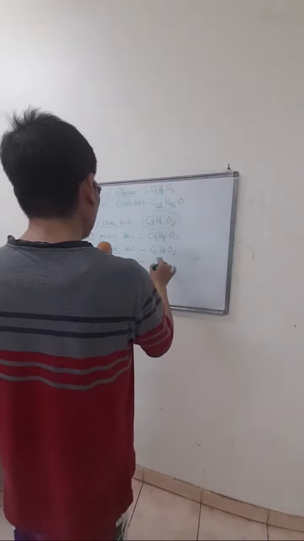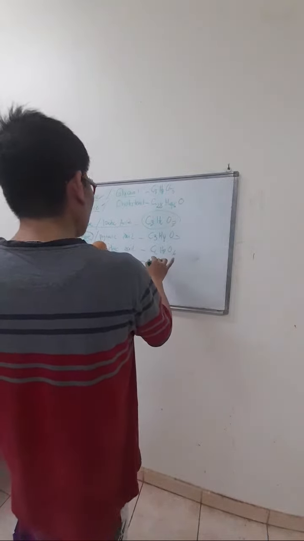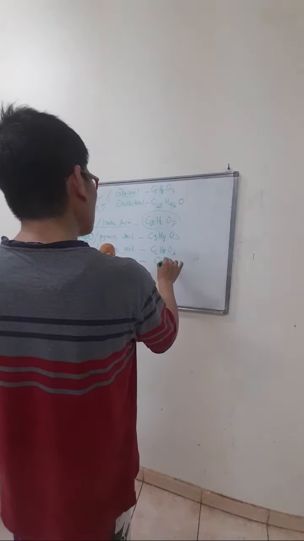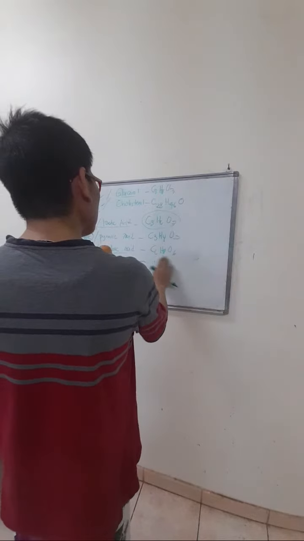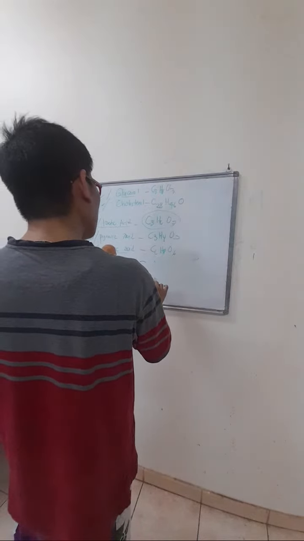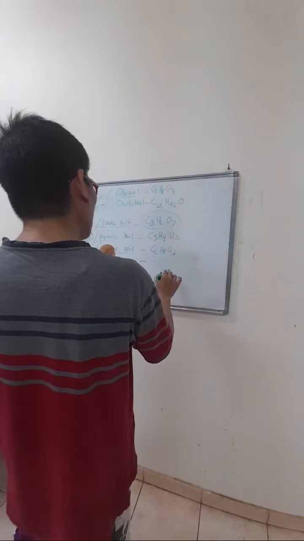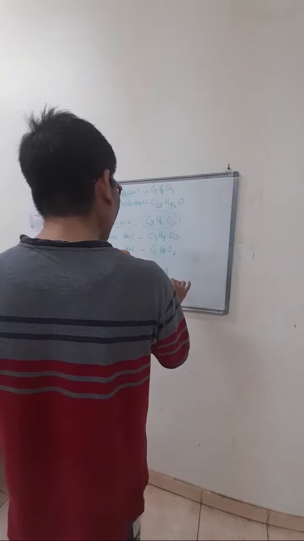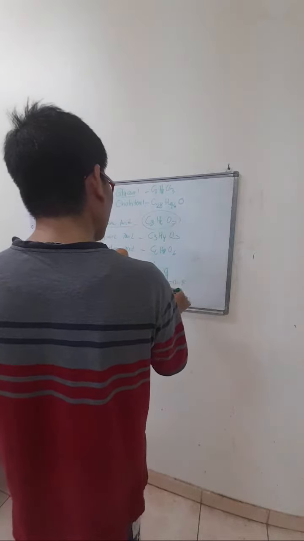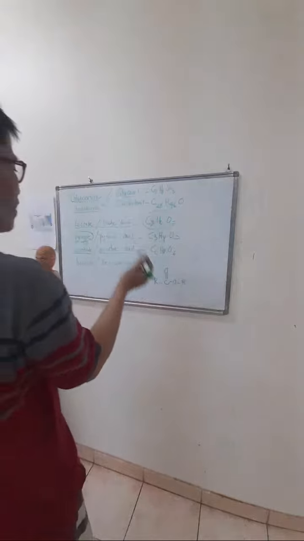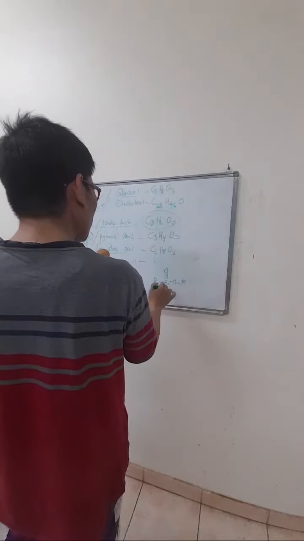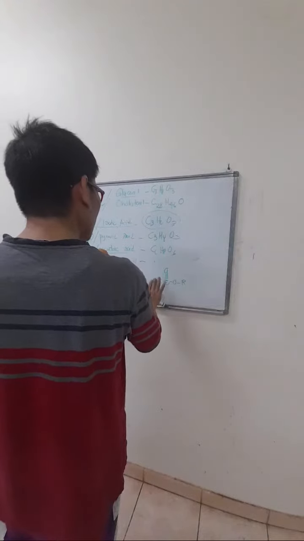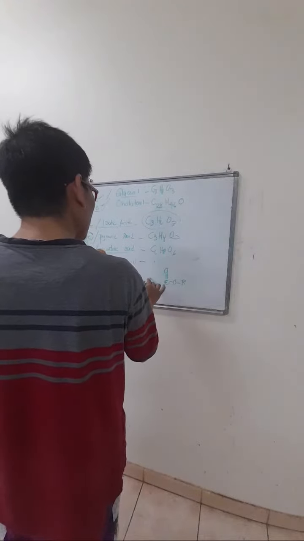Benzoate is an ester, R. Sorry guys, I forgot the formula. Benzoate has 6 carbons, C6, so it fits.